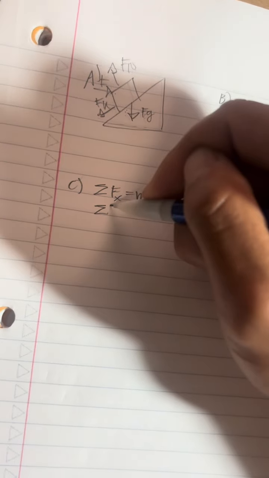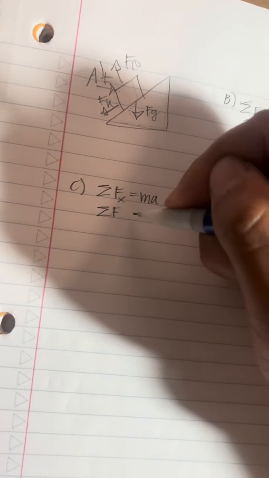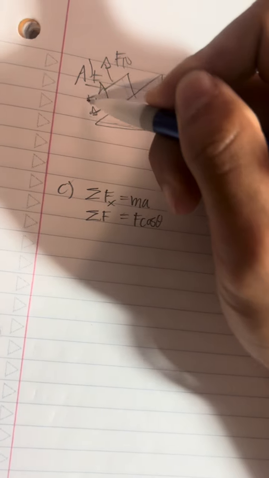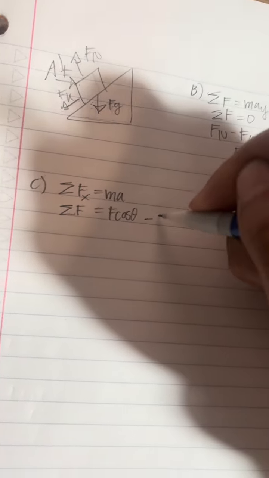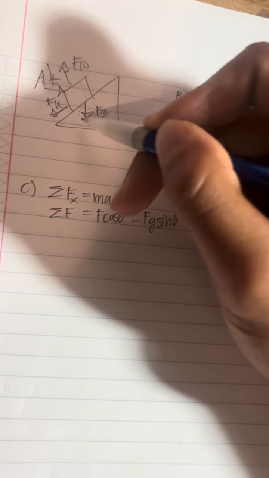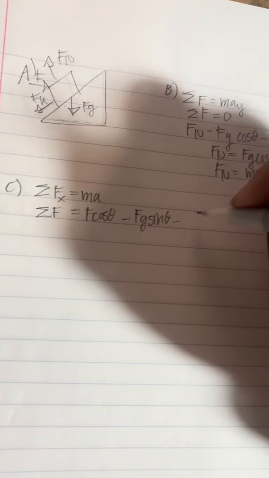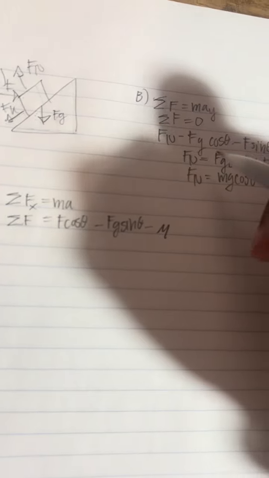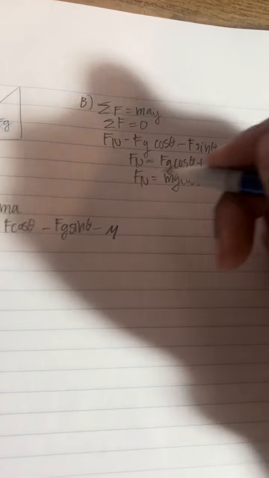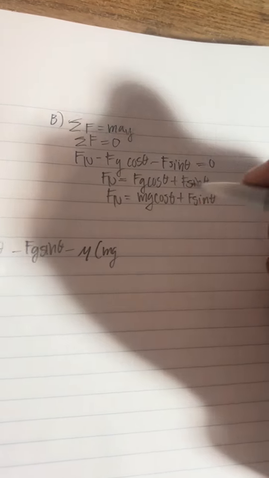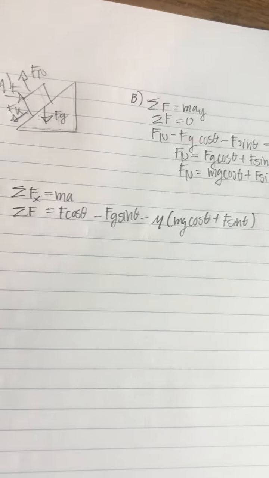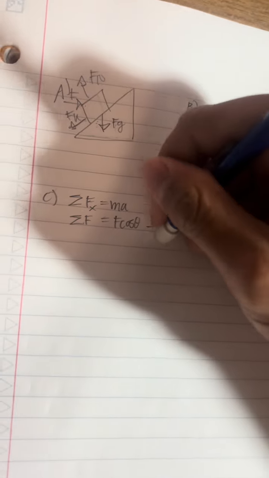And the net force would be F cosine of theta, because this is the parallel, and then minus F of g sine theta, because this is the parallel structure right here, and then minus your friction, which is mu k fn, or mu fn, and we already found fn right here, so I can just plug this in. Like that. And then fg could also be written as mg.